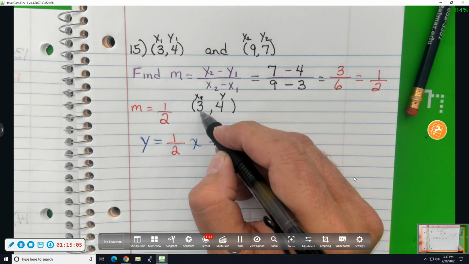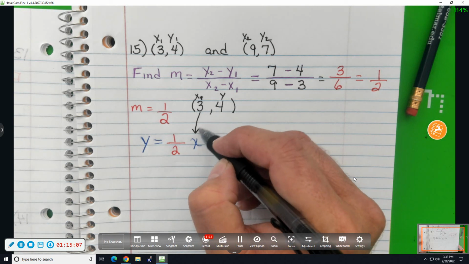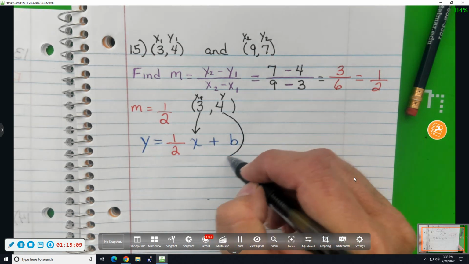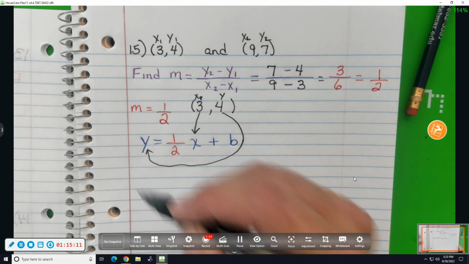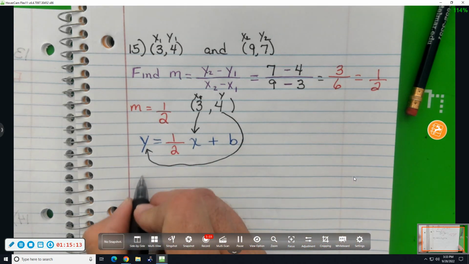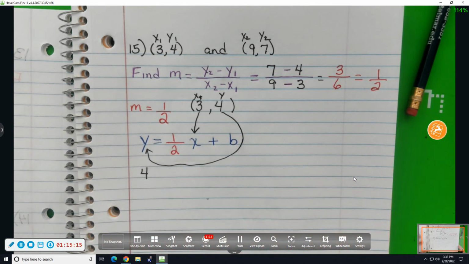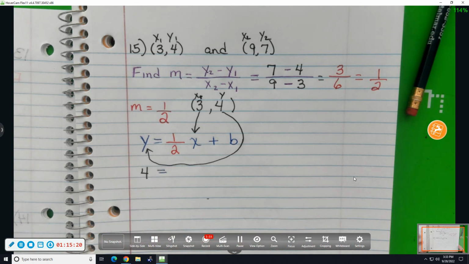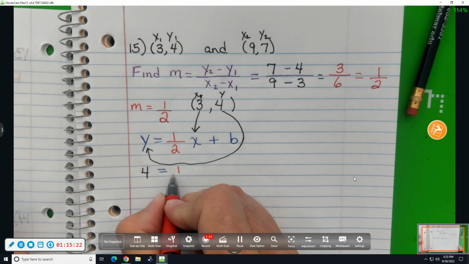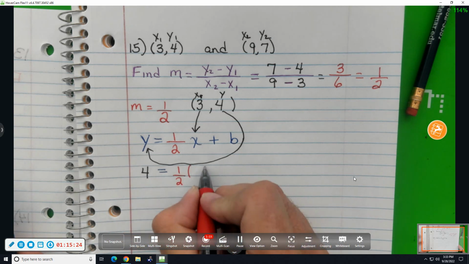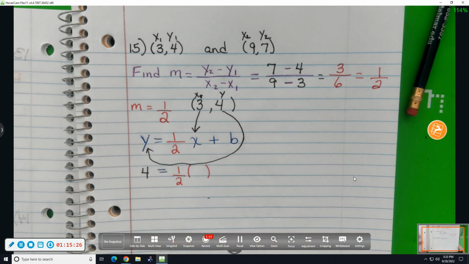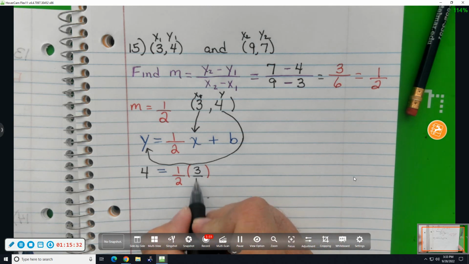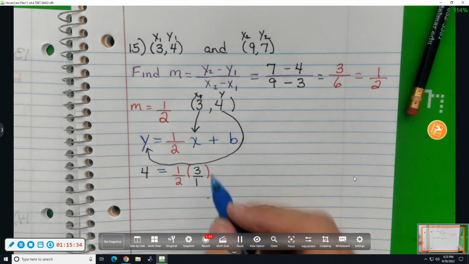Put the 3 in for x and the 4 in for y. Of course, we have a fraction. We have a 4 equals 1/2 times the x, which is 3. You might want to write that as 3 over 1, plus b.